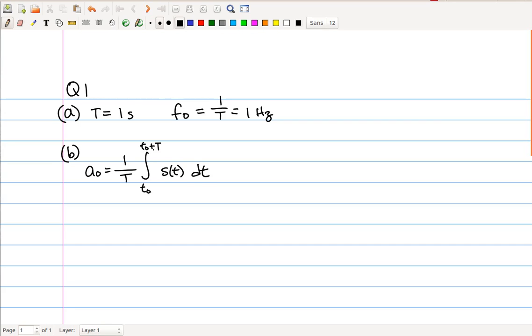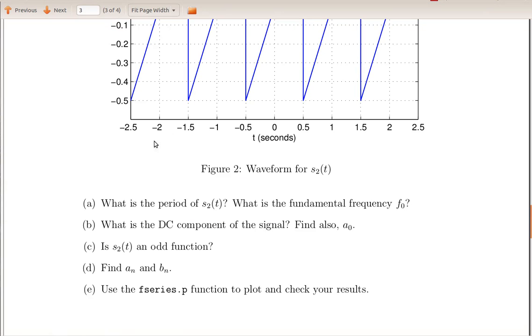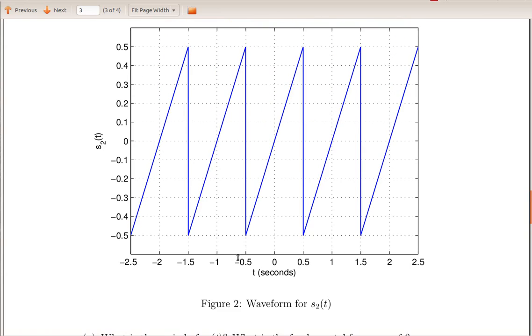Again, it's irrespective of where I begin my integral, as long as it's over one period. In this particular case, it makes sense for me to start at -0.5, because if I go from -0.5 to 0.5, this is just one integral that I need to take care of. This is one continuous function.